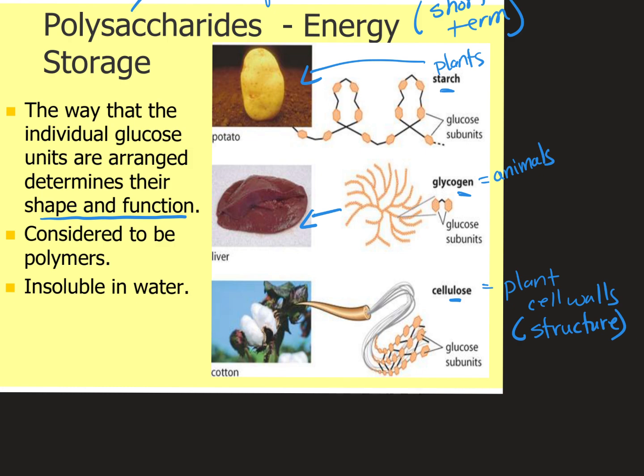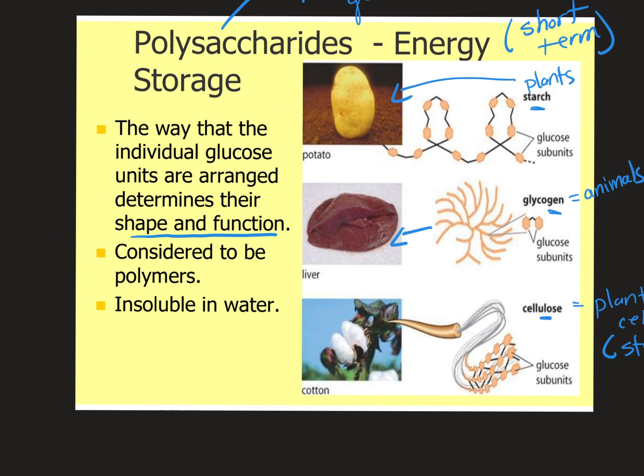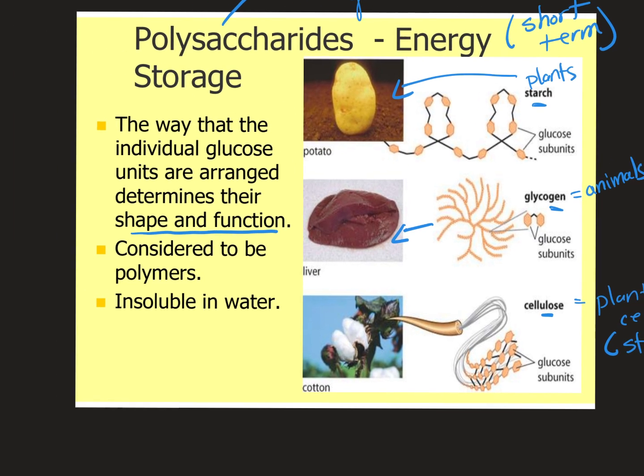Okay. So if you just take a look, we'll be talking about the structures here, but you can see the structure here looks different from this, even though they're all glucose, which is a little bit of a structural difference here. Regardless, they're all polymers, right? And the monomer, again, being glucose.